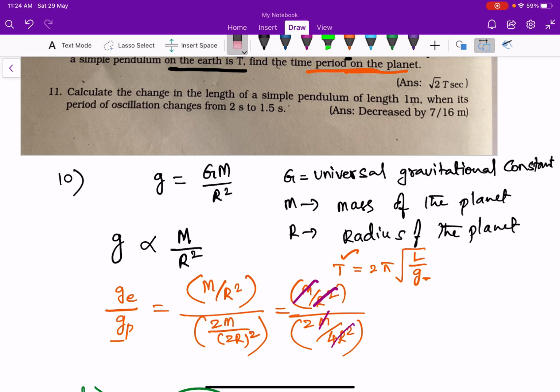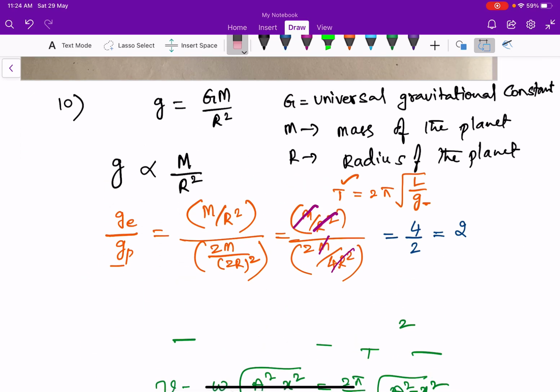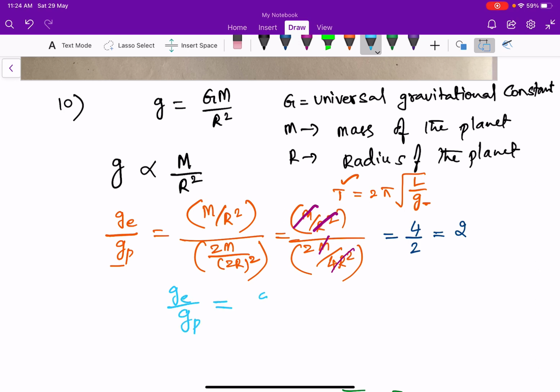So you will get 4 by 2, which is 2. So acceleration due to gravity on surface of earth by acceleration due to gravity on unknown planet equal to 2. So acceleration due to gravity on unknown planet gp is equal to ge by 2. Therefore substitute gp.